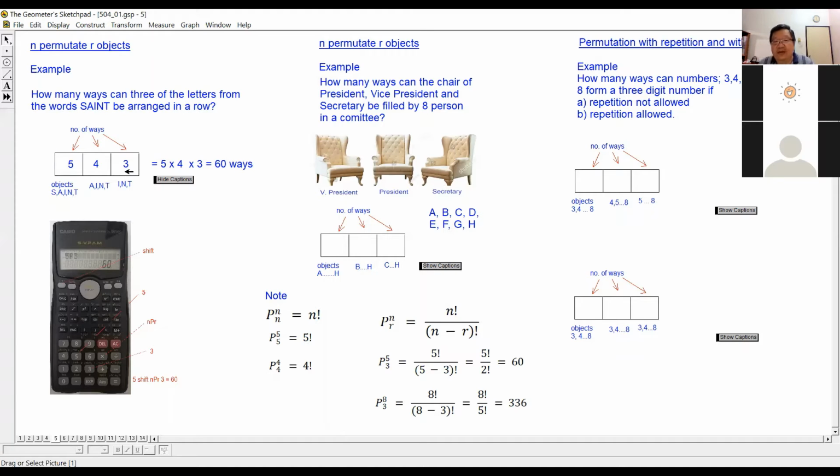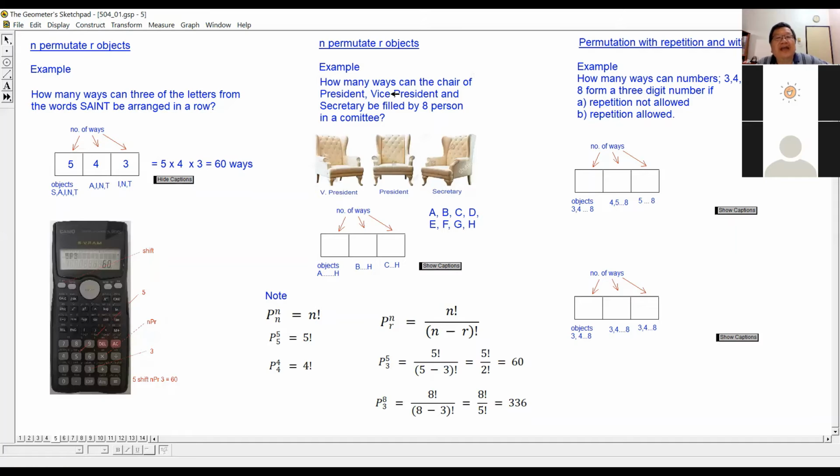More flexible. When they impose conditions on this permutation, you can adjust accordingly. Okay or not? This one is for straightforward questions. Got conditions, you cannot use this.